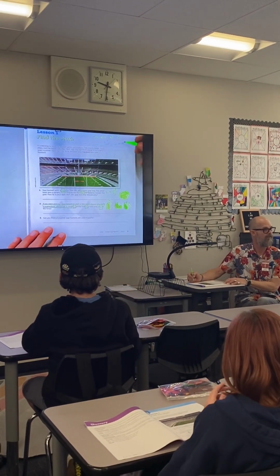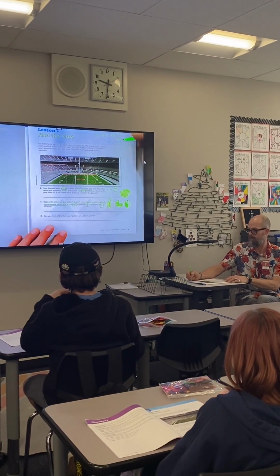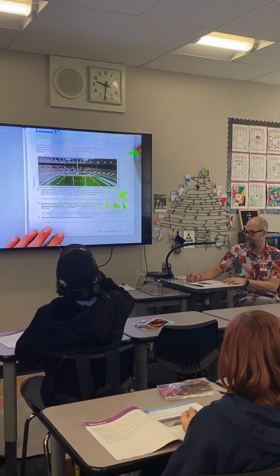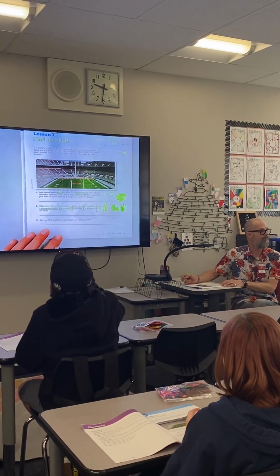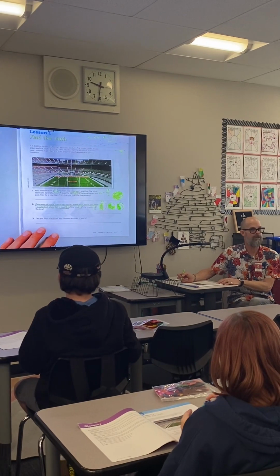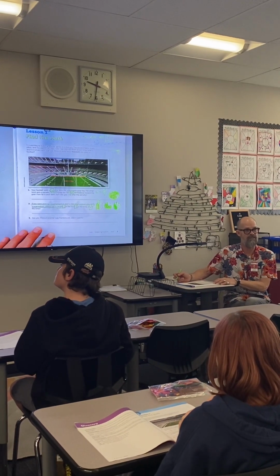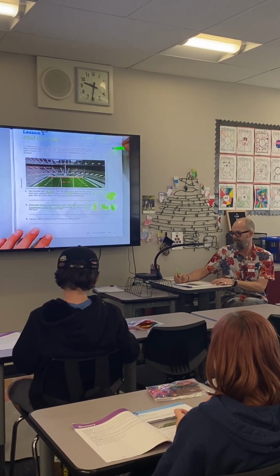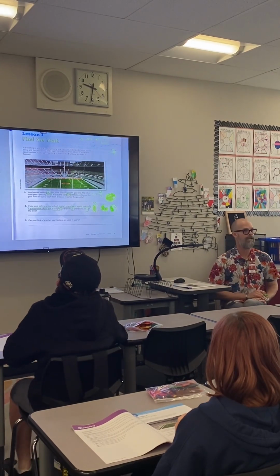What's that look like? We know our total is what? 3. Does the total go on the bottom? The bigger number typically goes on the bottom when we're discussing things like this. What goes on the top? That's 2 out of 3.